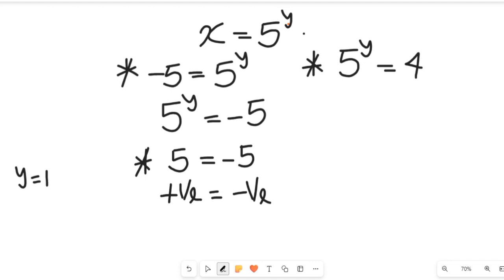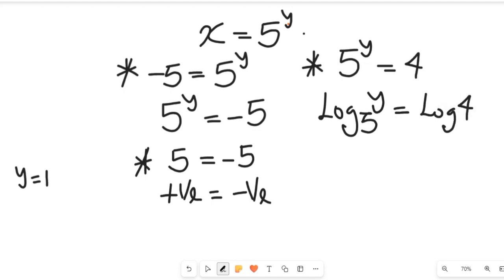Now let's consider this other solution. If we have 5 to the power of y equal to 4, all we simply need to do is take the log of both sides. So if we take the log of both sides, we'll have the log of 5 to the power of y equal to the log of 4.